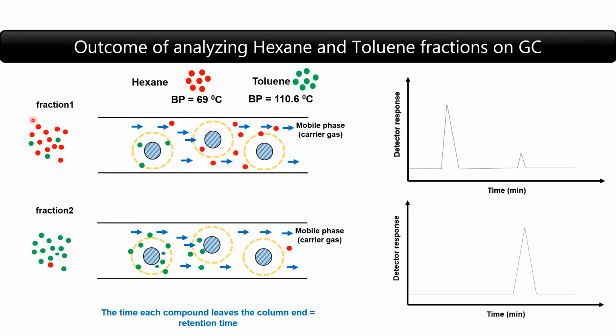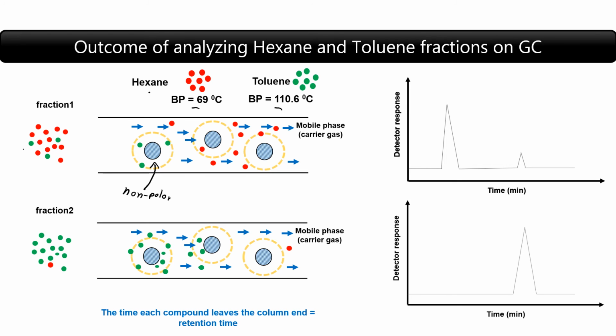So if we passed fraction 1 through the column, and again assume that this column is nonpolar, and hexane and toluene are both nonpolar, so the factor that decides how they get separated in the column is going to be their boiling points.